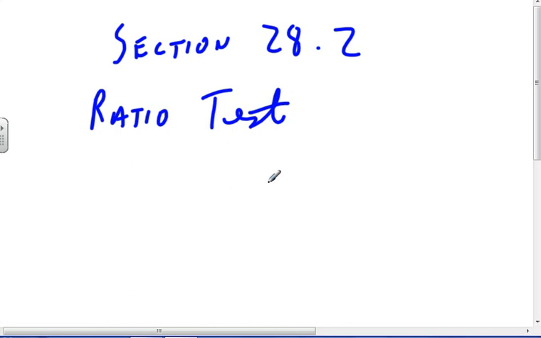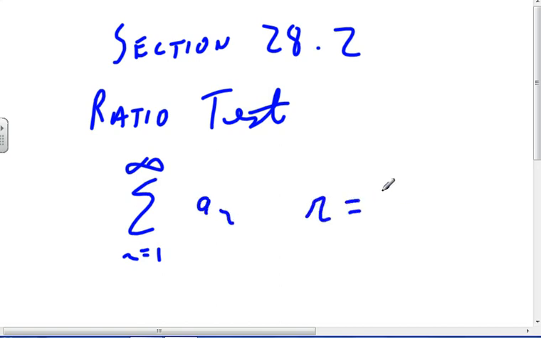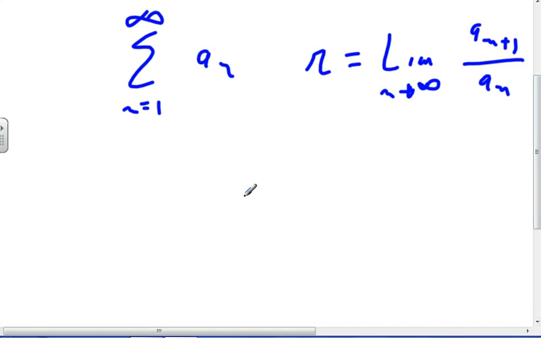I've got the summation n equals 1 to infinity of a_n, and if I look at r being the limit as n goes to infinity of a_(n+1) over a_n, then I find that if r is less than 1, then I converge.